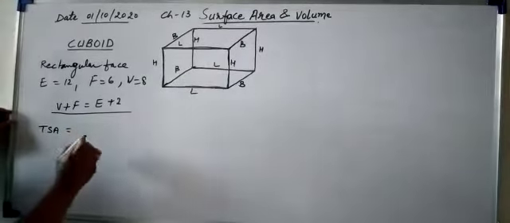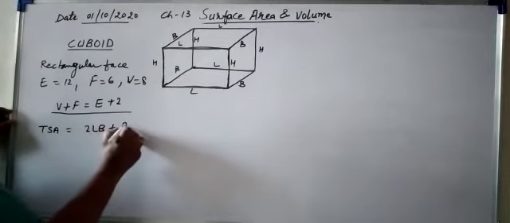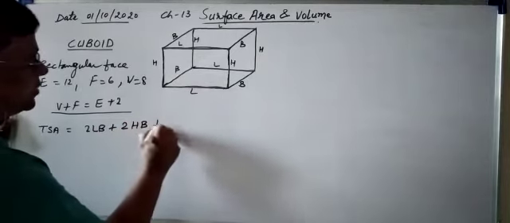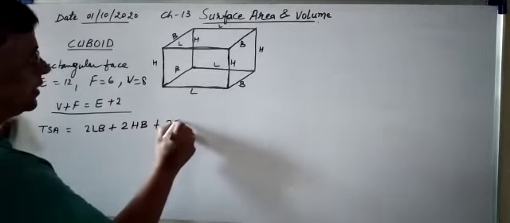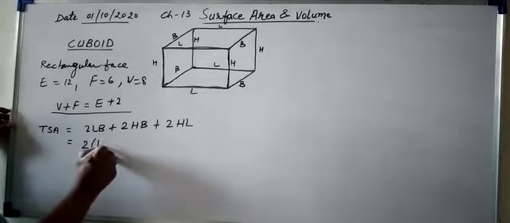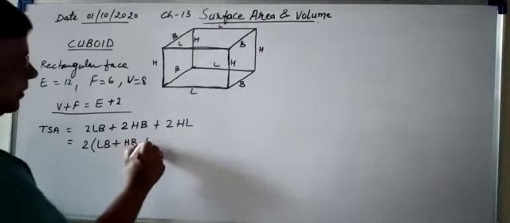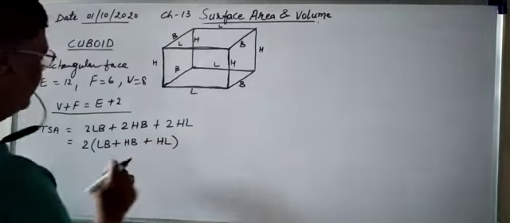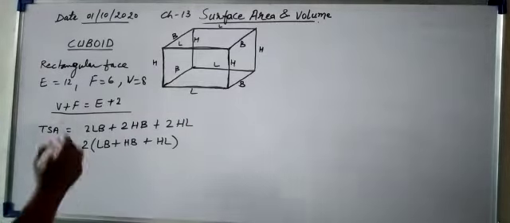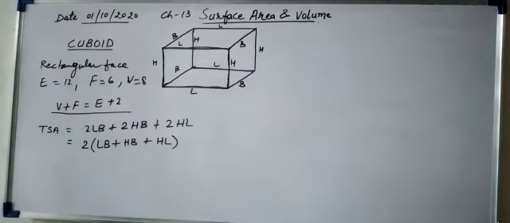There are two faces of length and breadth, two faces of height and breadth, plus two faces of height and length. So taking 2 common, we get 2 times (length into breadth plus breadth into height plus height into length). This way we find the TSA of the cuboid, that means the surface area of all faces of the cuboid.